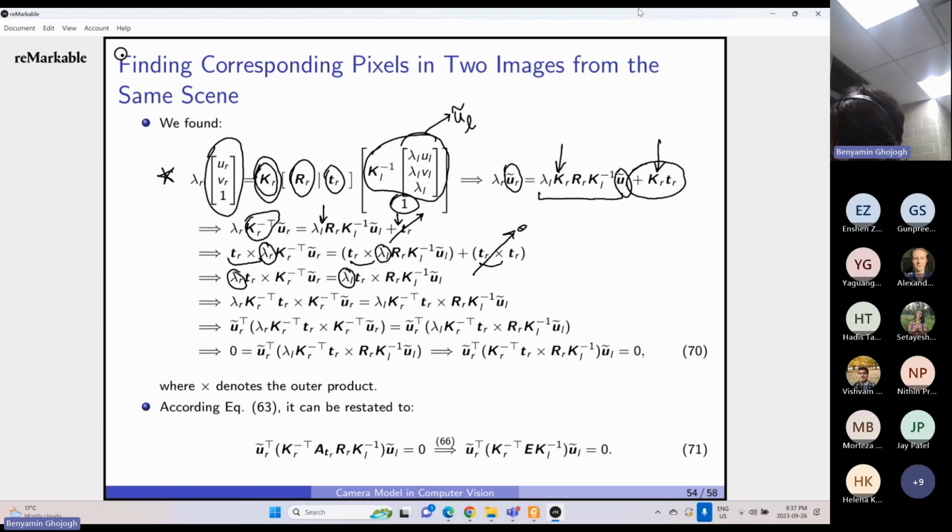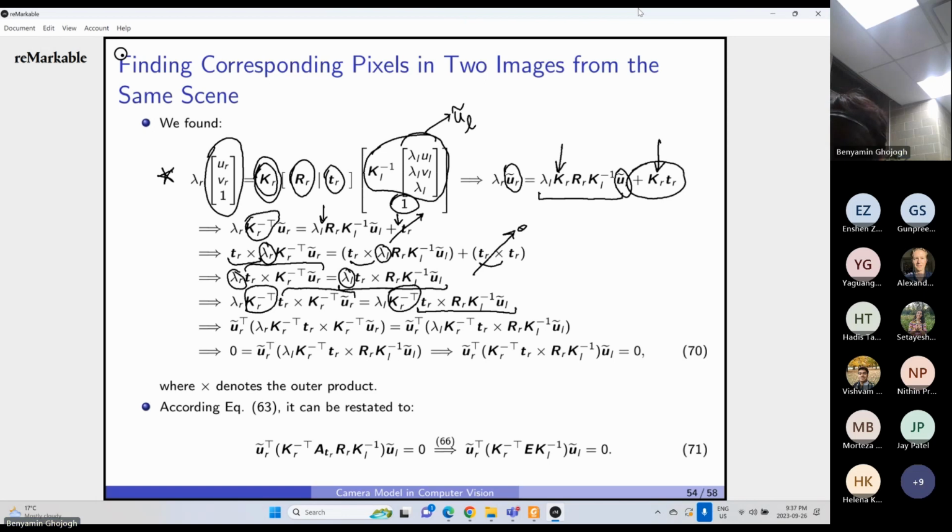Then I left multiply the sides by KR inverse transpose again. So I will have this, and yes, this term is here. Also this term is here. I have left multiplied the sides by KR inverse transpose.